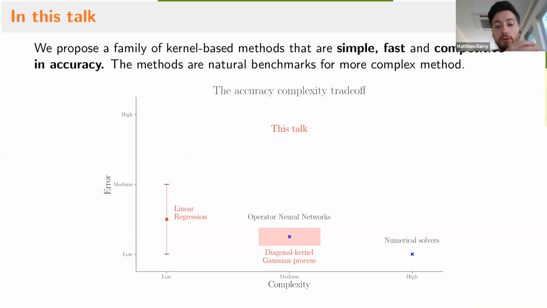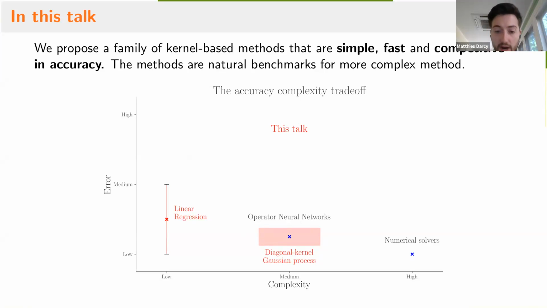In this talk, I'll be discussing a family of kernel-based methods, which are simple, fast, and competitive in accuracy. If you go back to my plot, I'm going to present a family of methods, in red here, at the same level of complexity and accuracy as operator neural networks.